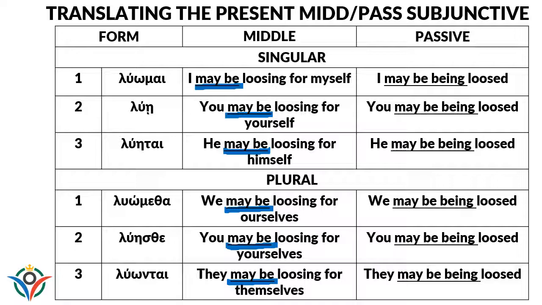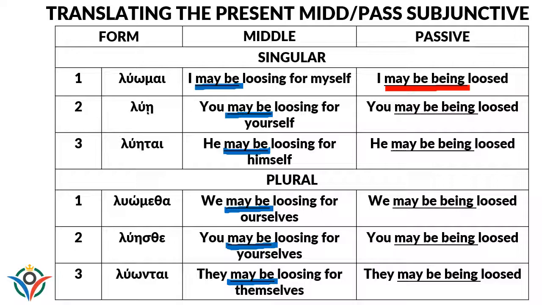All right, so I think the middle voice is quite straightforward. The passive voice is probably going to seem quite foreign to you initially, but let's go through it together. The first person singular, luomai, we would translate as I may be being loosed. As you can see here, we use the helping word being to convey the passive voice to show that the subject is receiving the action of the verb.